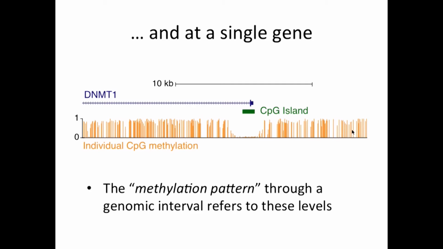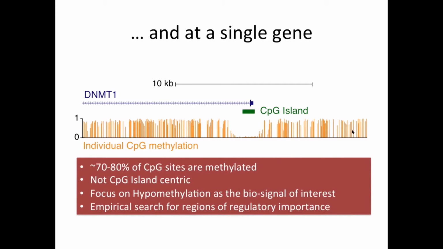And this actually brings up another very key point. In most mammalian methylomes, 70 to 80% of the CpG sites are methylated. One of the reasons why we wanted to have an impartial method for profiling methylation is because we didn't want to look at a CpG island-centric view.